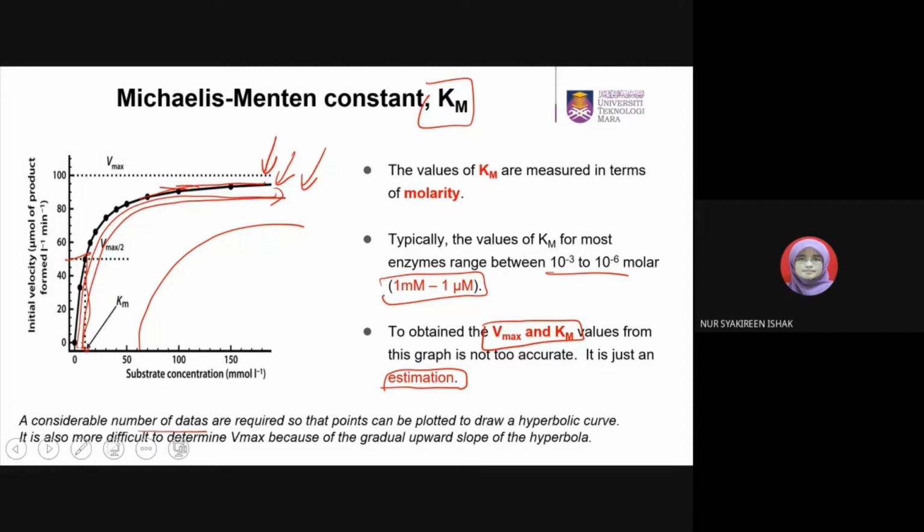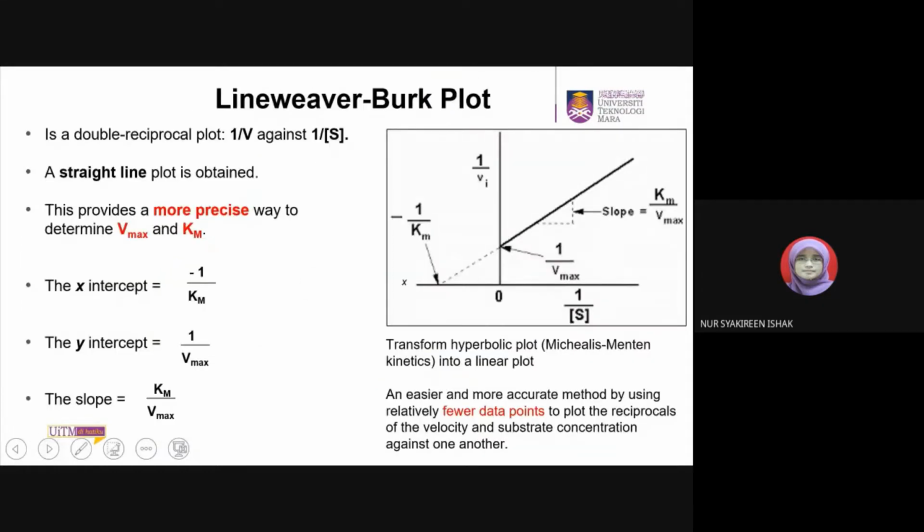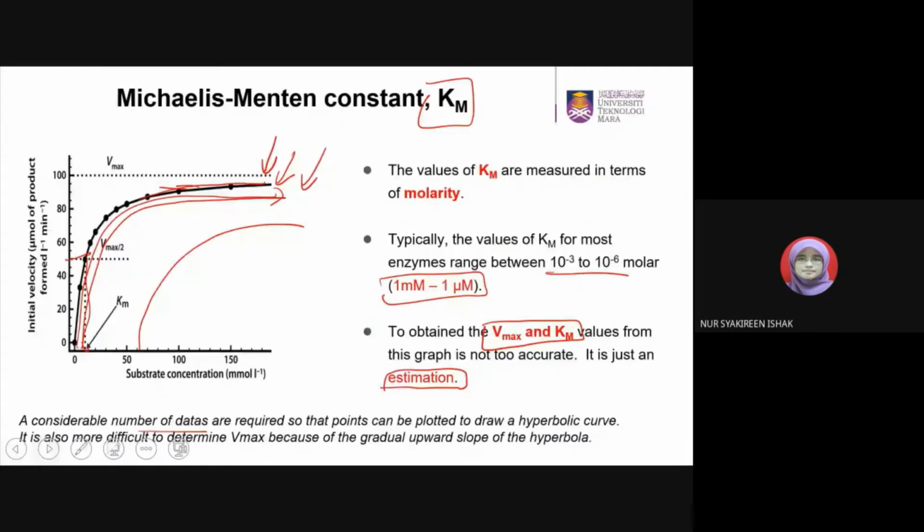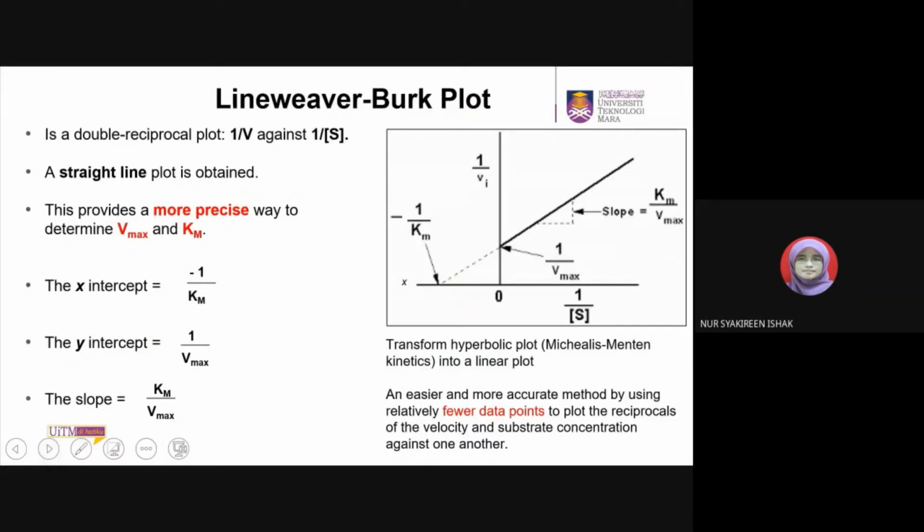Therefore you will convert this hyperbolic graph into a more linear, straight line form, which we call a Lineweaver-Burk plot.